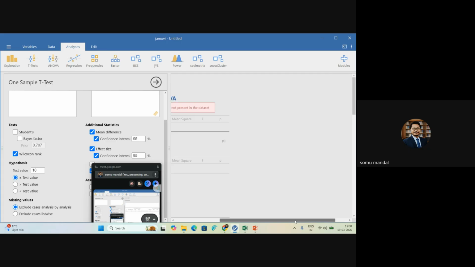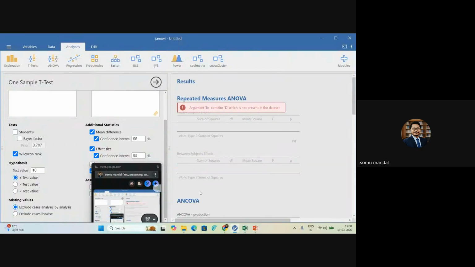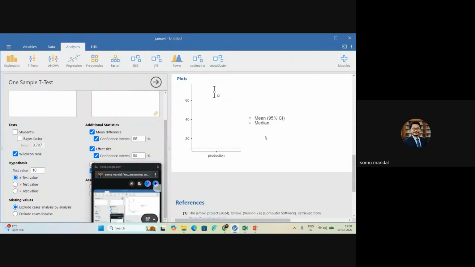This is called Cohen's d, sorry, in this case the rank biserial correlation. That indicates yes, there is a significant difference from the historical or hypothetical value of this particular plot's outcomes in terms of agricultural production. And you also mention in your research paper that particular analysis, also the plots.